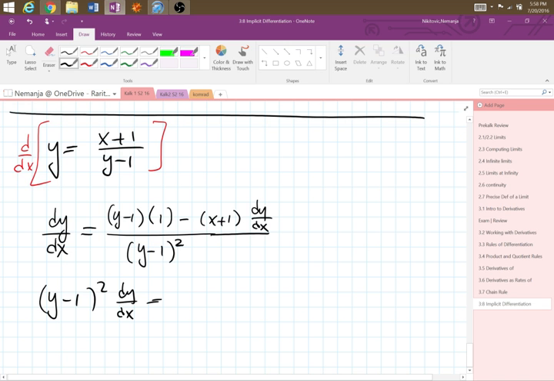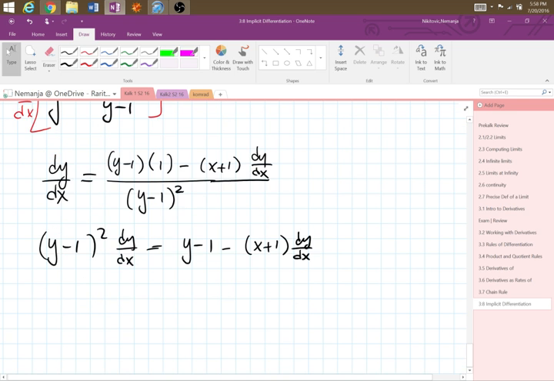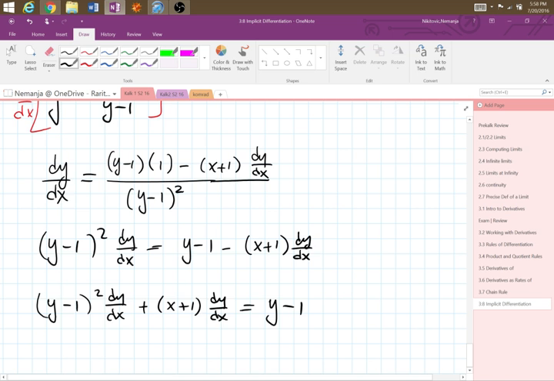So we have y minus 1 minus, and do not distribute here because x plus 1 dy dx is already one term. Move it as a one term to the other side. So y minus 1 squared dy dx plus x plus 1 dy dx is equal to y minus 1.